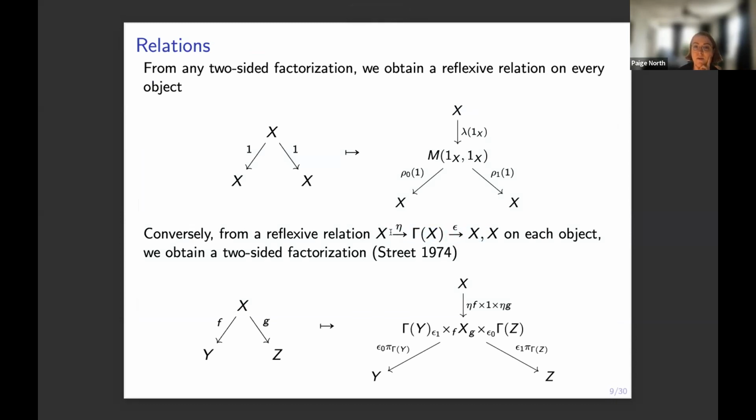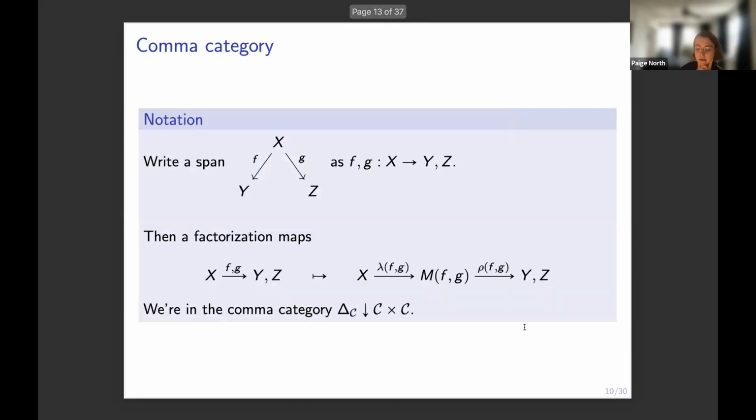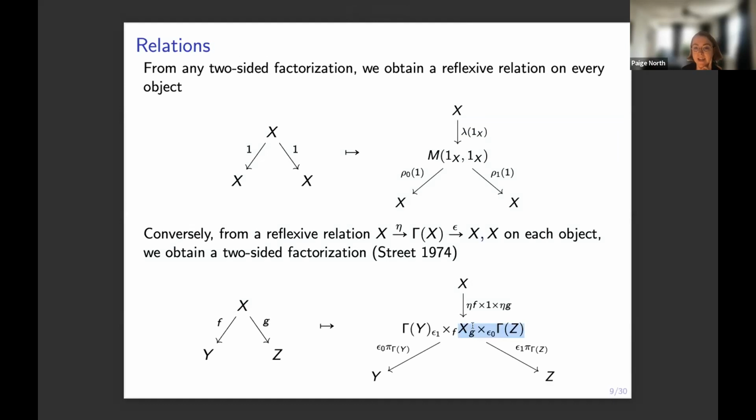So if we start with a reflexive relation like this, and now I'm not supposing that I have products, I'm just supposing I have this pair XX, then given a span, I can form a factorization like this by doing something very similar to taking the mapping path space. So the mapping path space usually just looks like this guy.